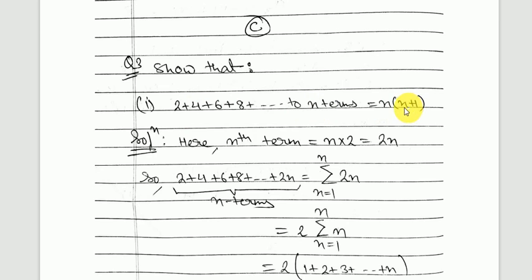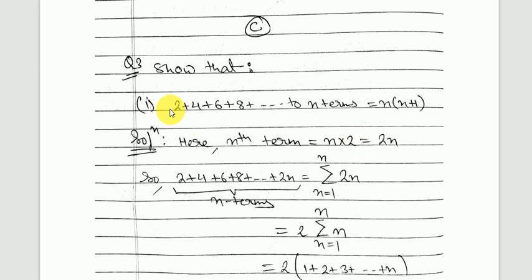So this is the series, and if you add n terms of this series, then the sum will be given by this rule, n into in bracket n plus 1. Here, by seeing these terms, you should be able to write the nth term.